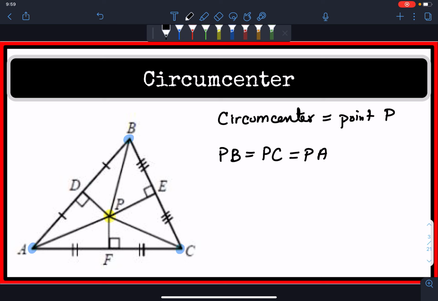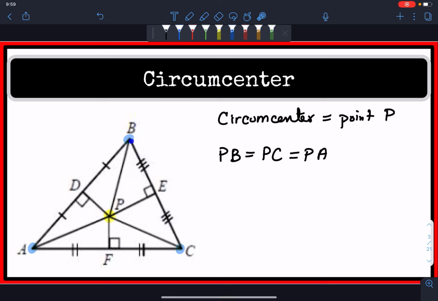And then, as you can see, since these points are in the middle of each respective side, the segment that connects two vertices is going to be made into two equal parts.